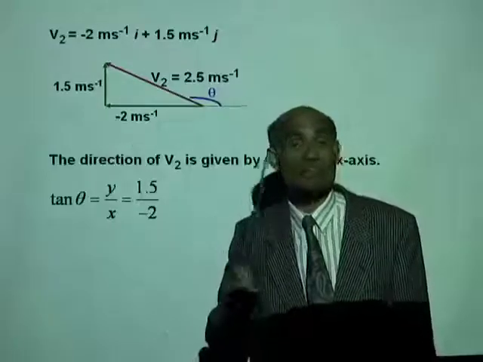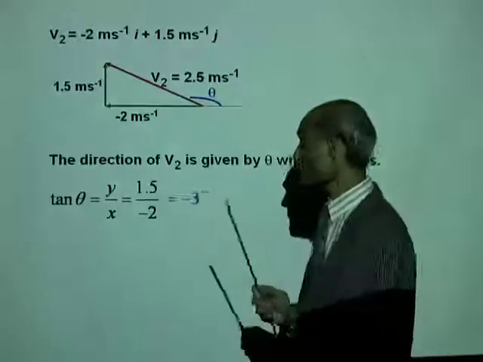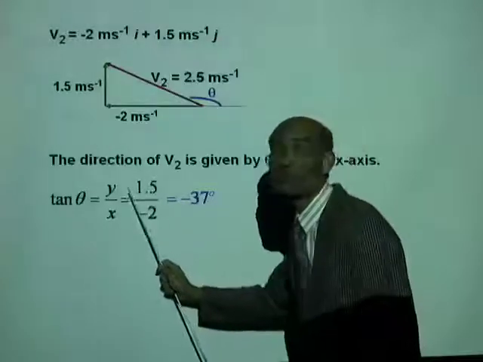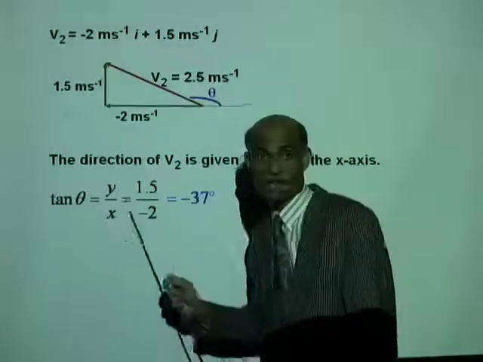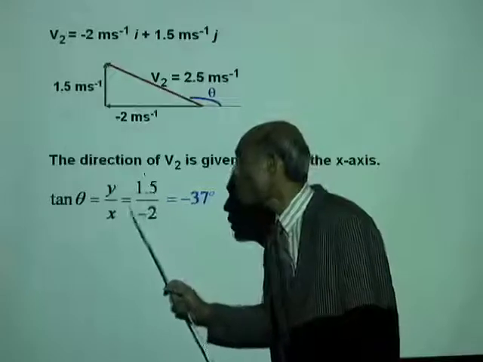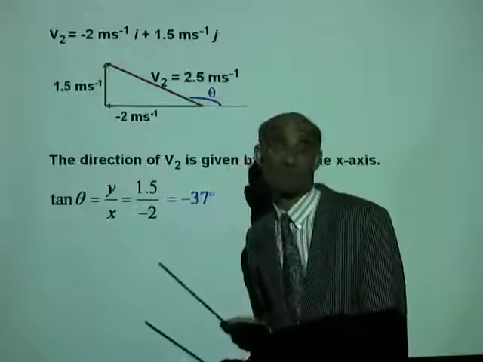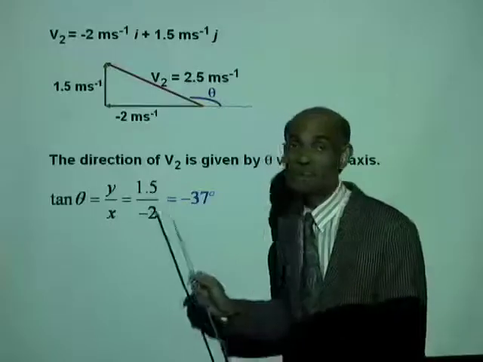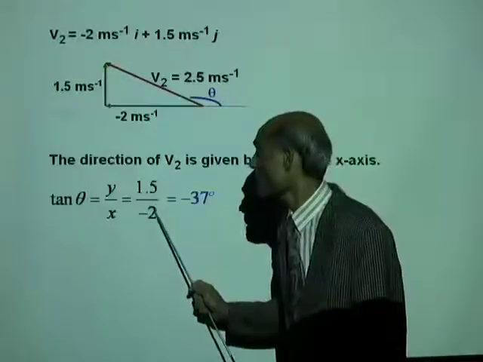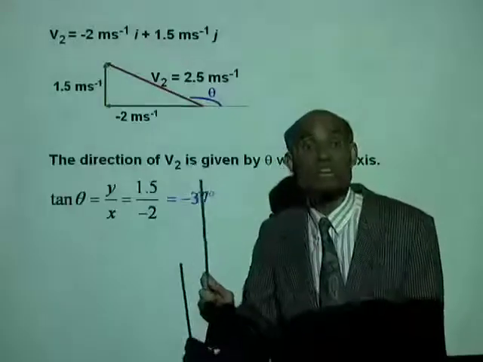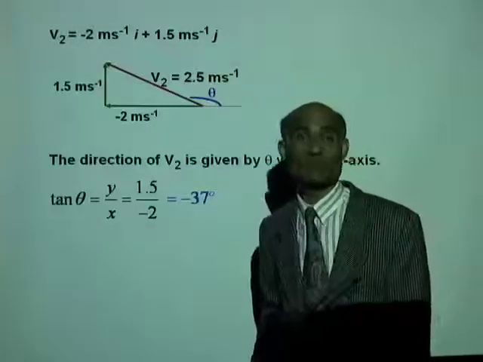That information is very important for you. Now, if you put this in your calculator, can you now do that? Tan inverse of 1.5 divided by -2. What does that give you? It will give you -37 degrees.